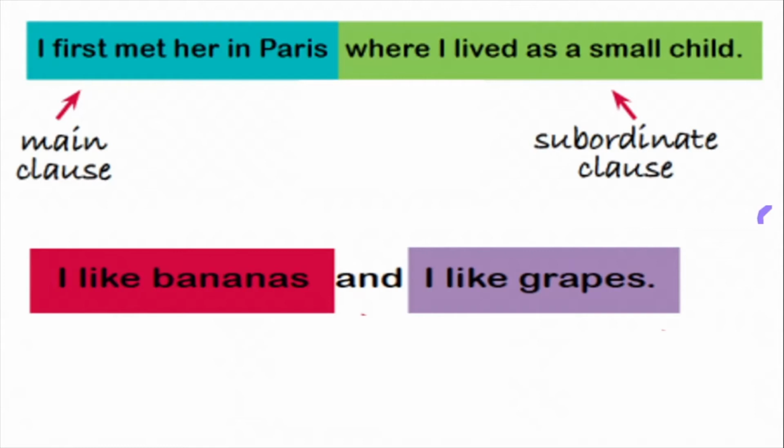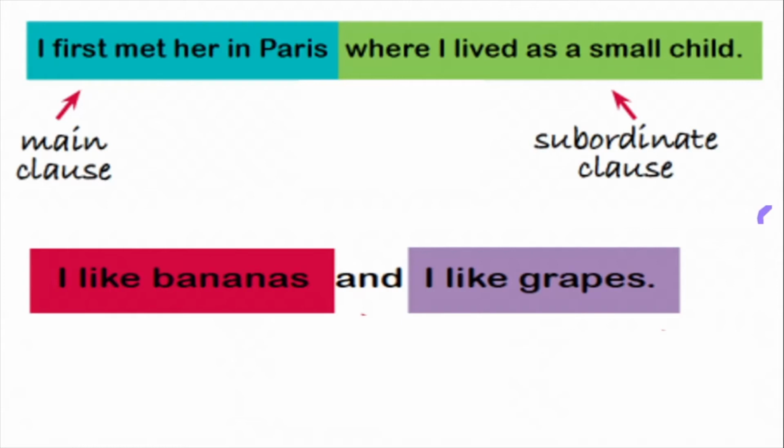Come to the next example. Again, we have two parts in the sentence which are joined together with "and." So the sentence is "I like bananas and I like grapes." Look at the first part in pink. "I like bananas." Yes, it has got complete meaning.